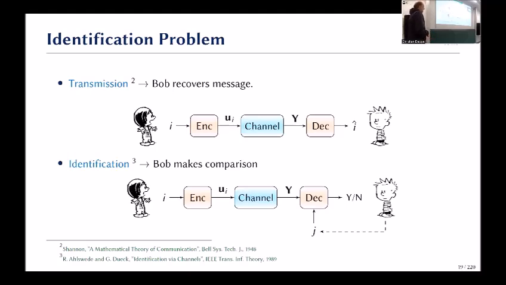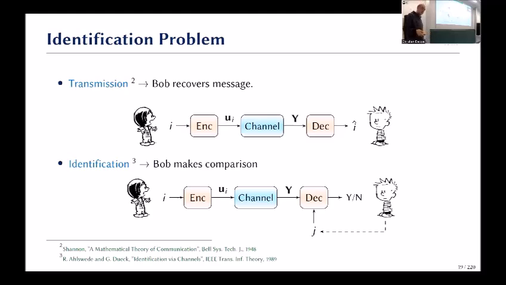So in this case, Alice wants to send a message again over the channel, but the decoding is now different. So Bob has just one message, here it's message j, and he just wants to know if Alice had sent this message j, yes or no.